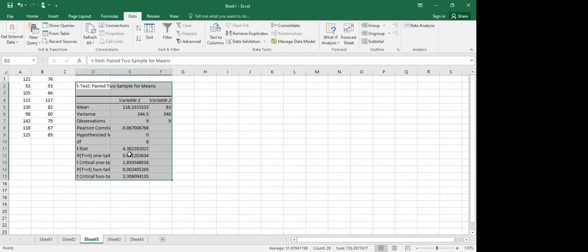To read this, we know that we were testing the claim that counseling reduces anxiety, meaning that anxiety before the counseling is greater than anxiety after the counseling, which actually means it's a right tail test. So we are doing a one tail test. The test value is here, 4.36, and the p-value is here, 0.001.